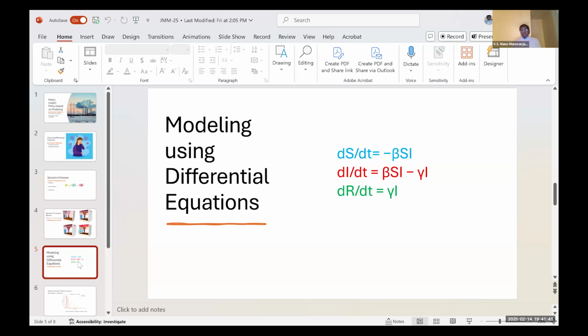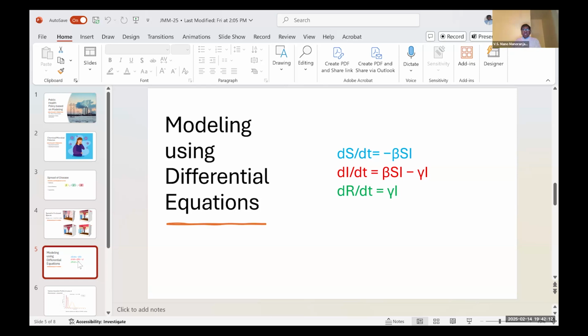So that's going to be your gamma I. For COVID-19, the gamma may include people who may have passed away or who may have been isolated. So gamma I looks at the collective group of people who recover, who pass away, or who get isolated.